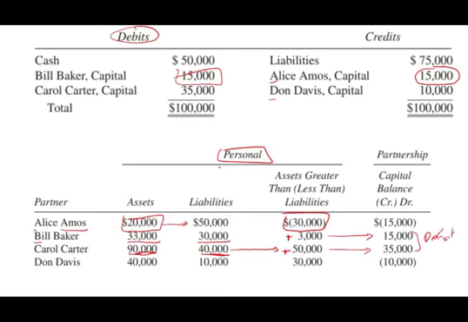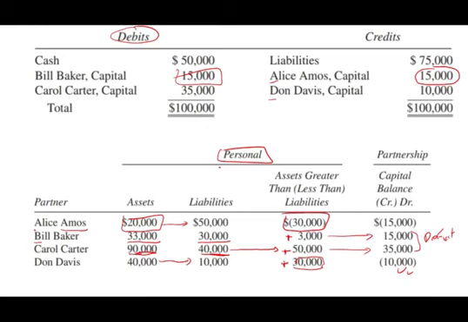Don Davis, they have more assets than liabilities, $30,000 more assets than liabilities. And from a business perspective, he's doing good. He has a credit balance of $10,000. Okay? Now, the first thing we have to understand is that personal assets have to be applied first against personal liabilities.